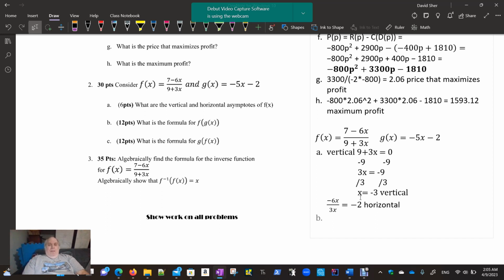Part B. What's the formula for f of g of x? Well, f of g of x is going to be 7 minus 6 g of x over 9 plus 3 g of x. I'm just going to copy this.